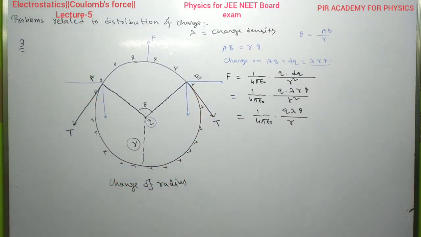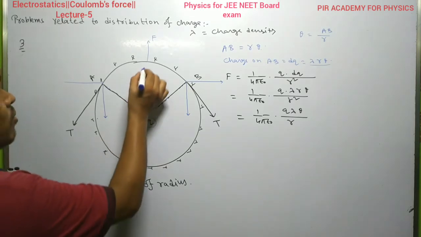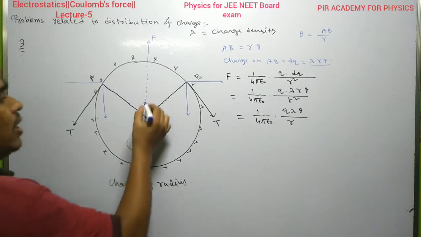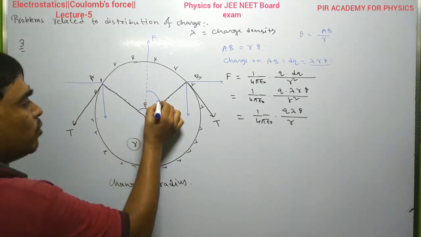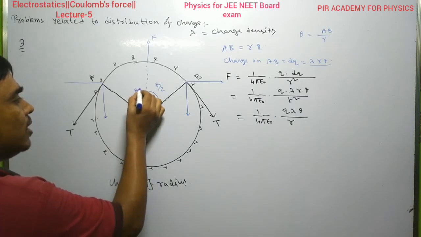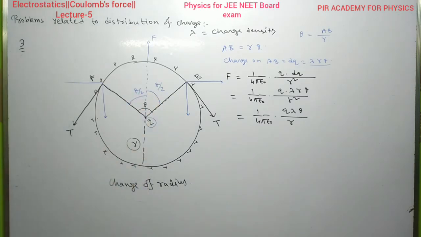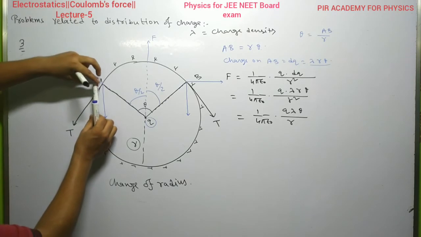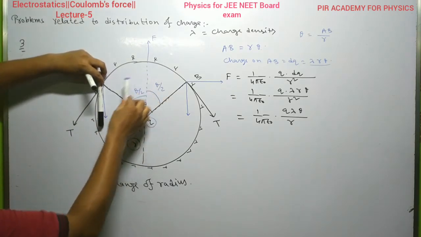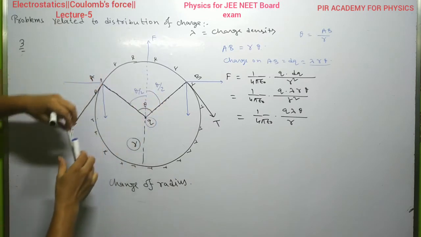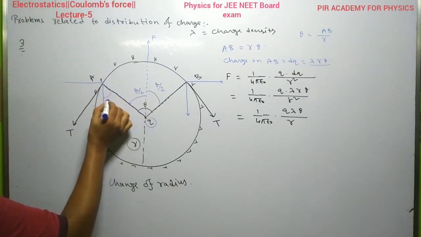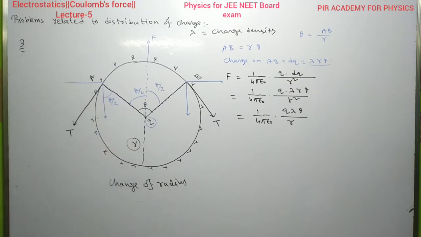Now if this is theta, then this portion will be theta by 2 and this portion will be theta by 2. Now this line and this line are parallel. So if this is theta by 2, it must be theta by 2.